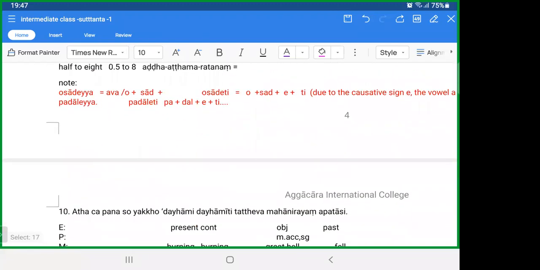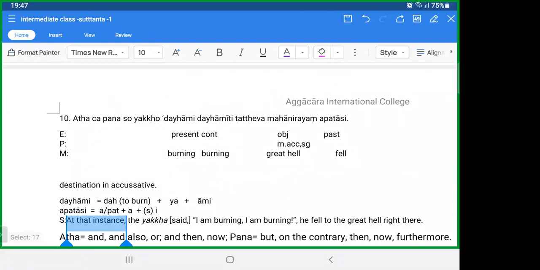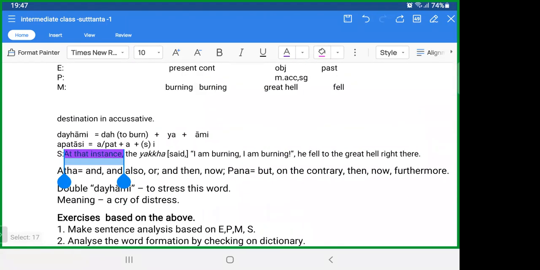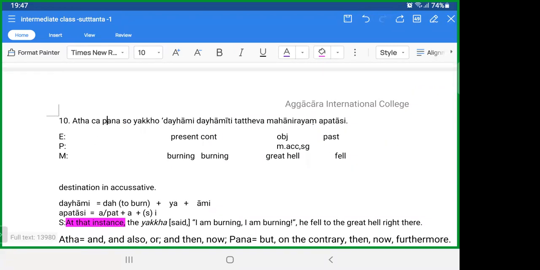So pana is connecting. Maybe atha is an instant, and pana is just linking. But sometimes pana also has no meaning. So we can put it together as at the instant. Pana maybe then, or however, whatever.